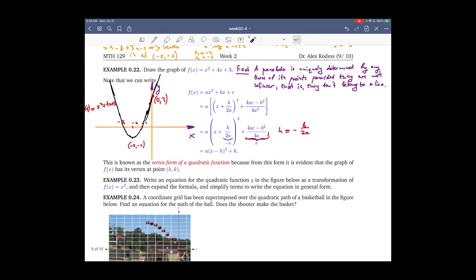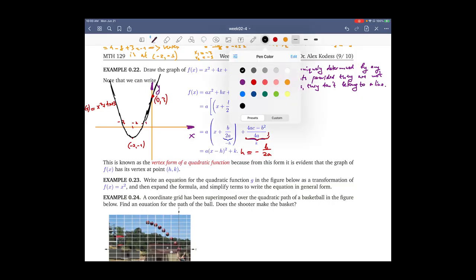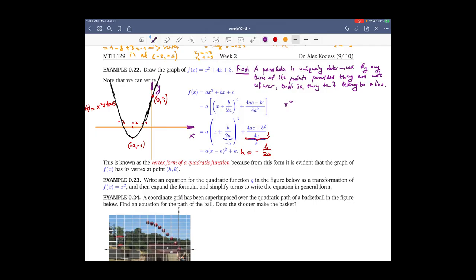By the way, you can always find h and k either directly or, again, by completing the square. I can take, just for the sake of practicing, x squared plus 4x plus 3, the parabola of the previous example, and find h and k for this parabola.